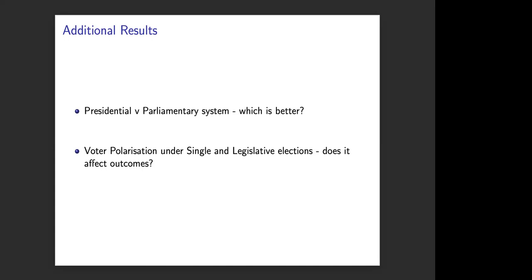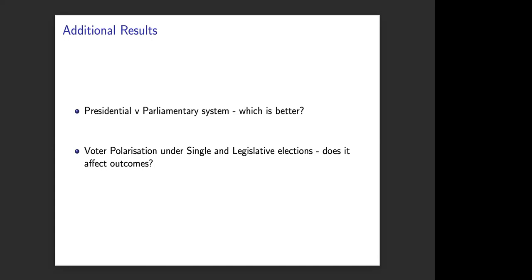And then secondly, I look at voter polarization under single district election and a legislative election. If we change the preferences of voters, is that going to change things much? What I show is that if voters become more extreme, for example, they keep their preferences, liking left and anti-reform, but become more anti-reform, or more extreme on one dimension than another, will that change anything?